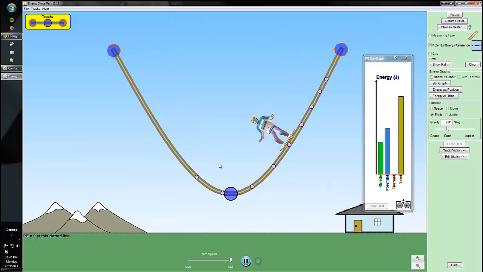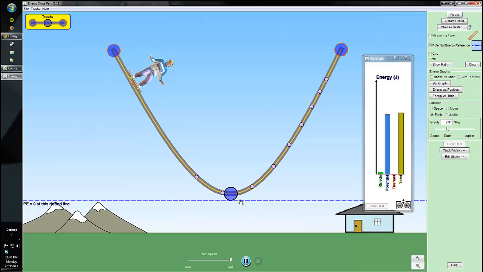So if you notice, at the very, very top, the kinetic energy goes to 0. The potential goes up to the max. So you're losing all of your kinetic, and all that energy is in potential, which is great. But the same thing's not happening down here at the bottom, because you've still got this little area of potential energy here.